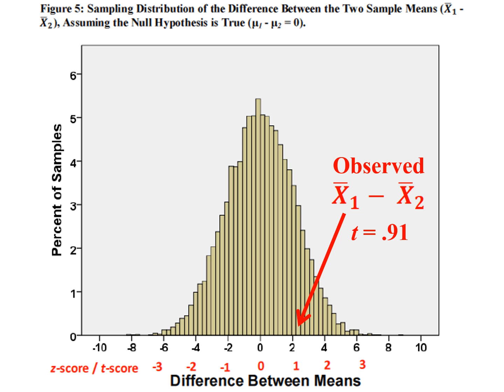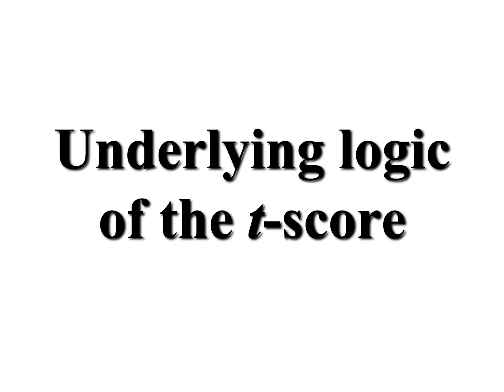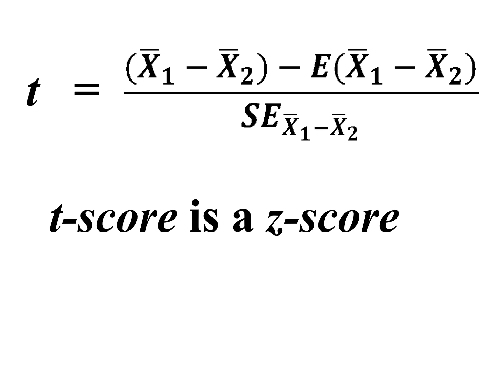And this t-score of 0.91 actually matches closely our previous estimate of 0.90, which we calculated just by looking at the histogram. So now you know how to do this calculation, but it is important that before we move on, we review some of the underlying logic of the t-score. Now I've said multiple times that a t-score is a z-score or practically the same as a z-score.